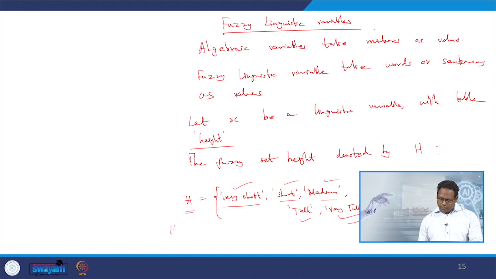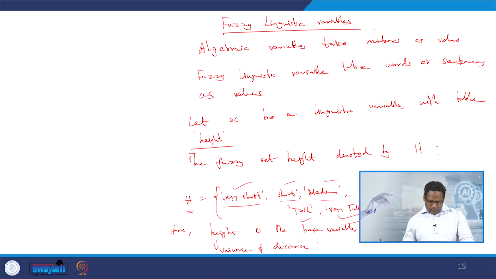Here height is the base variable which is called the universe of discourse, and each term or each item in the fuzzy set, very short, medium, is a linguistic value of the fuzzy variable x.